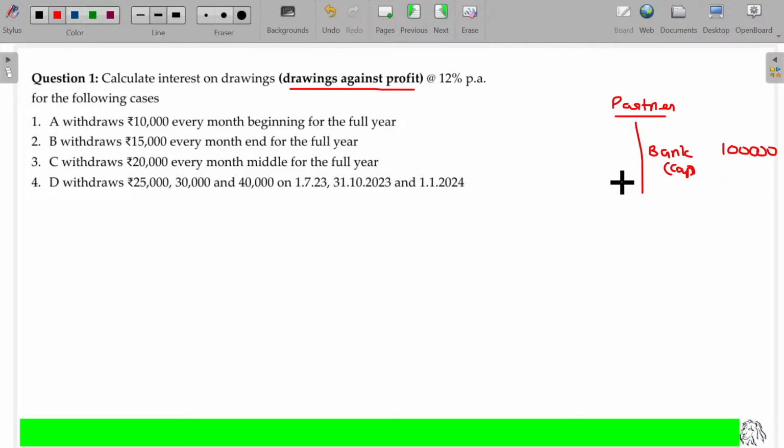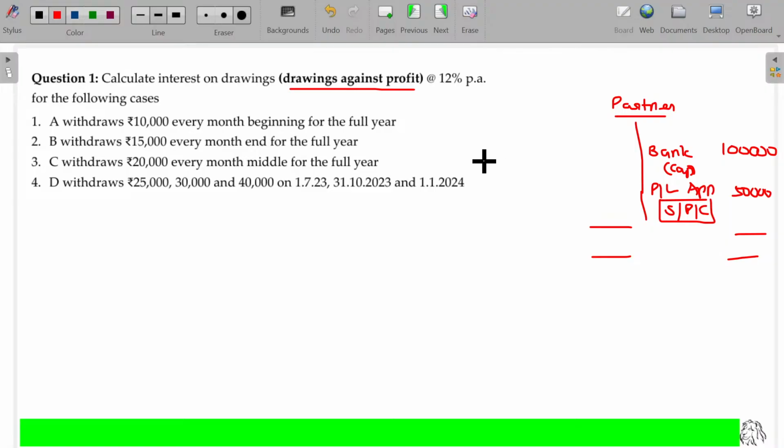Apart from that, because of running the business, they may get the profits and losses. So, profit and loss appropriation like salary, profit, commission, etc. Maybe another 50. And he may be in need of fund for his own family, called drawings.